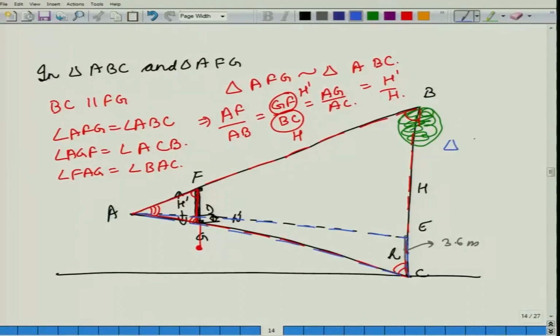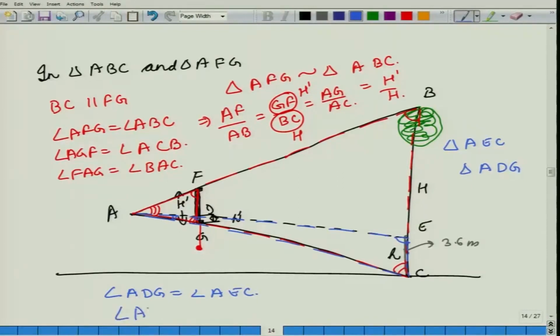So now we consider these two triangles, triangle AEC and triangle ADG. In both these triangles we have a common angle. So, angle ADG is equal to angle AEC because again we have two parallel lines that are intersected by a line.